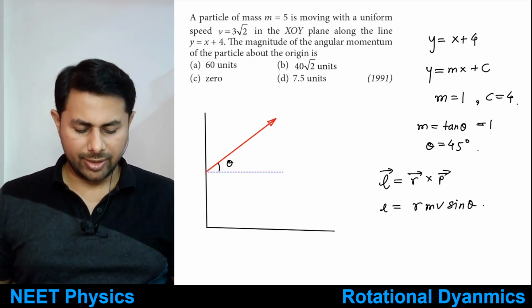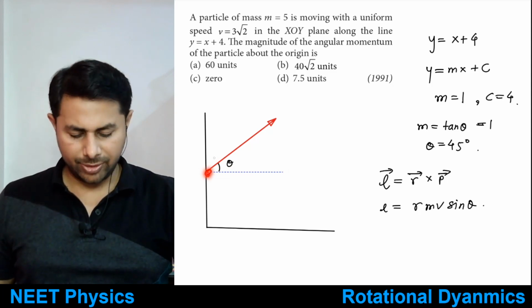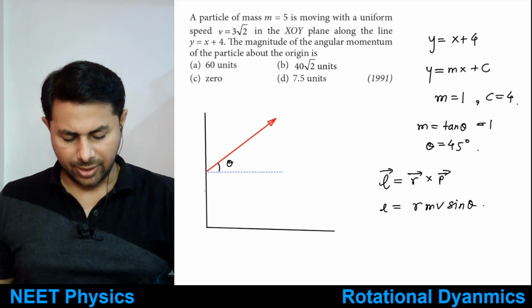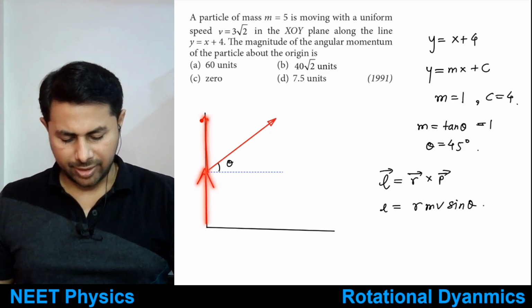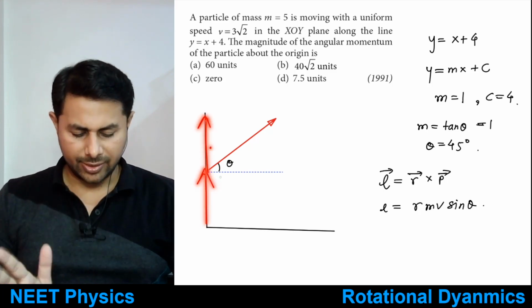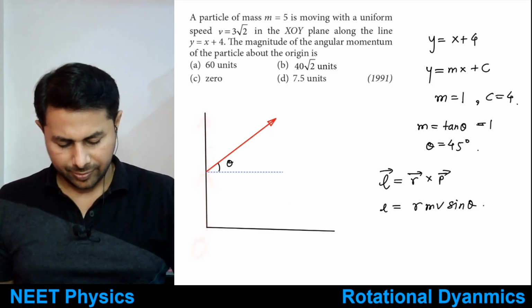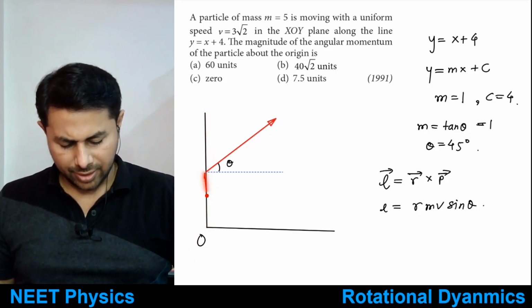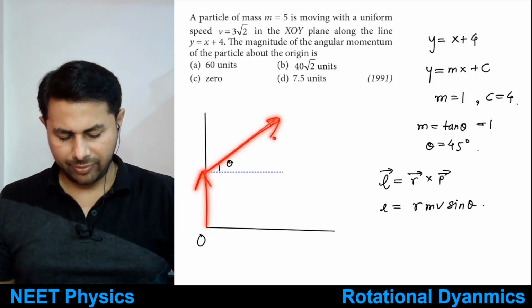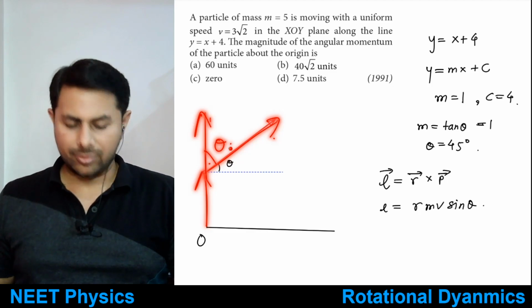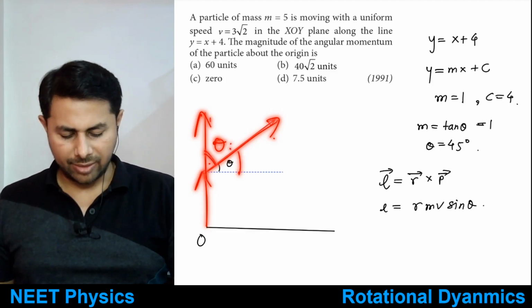If the particle is at this position, the position vector is along the y-axis, because this is the origin, then this is the position vector and this is the velocity vector. At this point we know the angle: if this angle is 45, this angle must be 45.